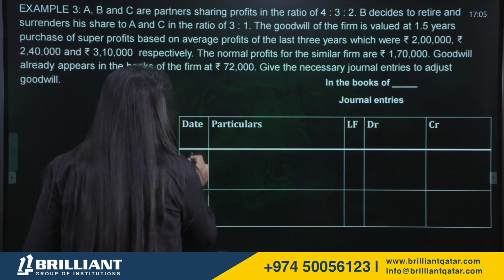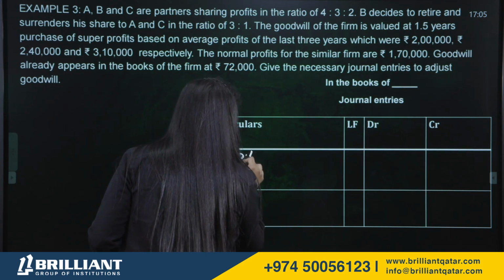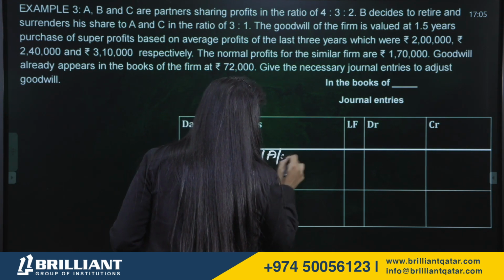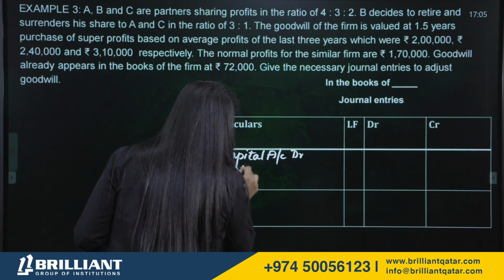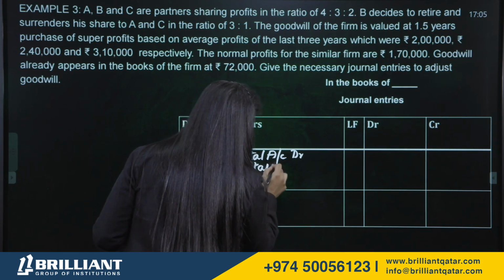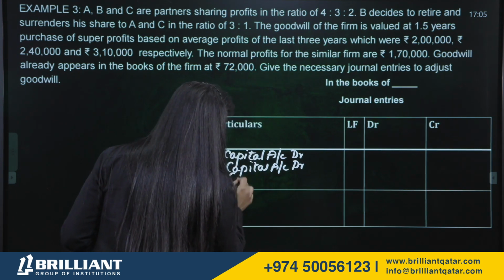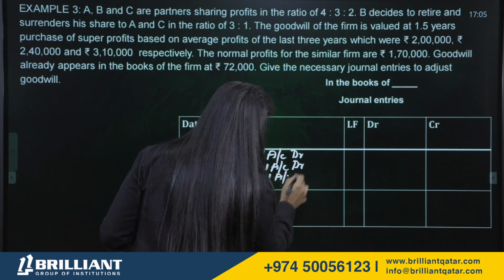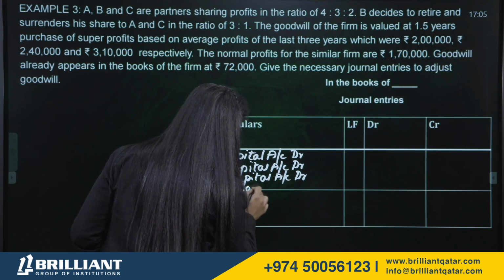So the entry would be A's capital account debit, B's capital account debit, C's capital account debit, to goodwill account.